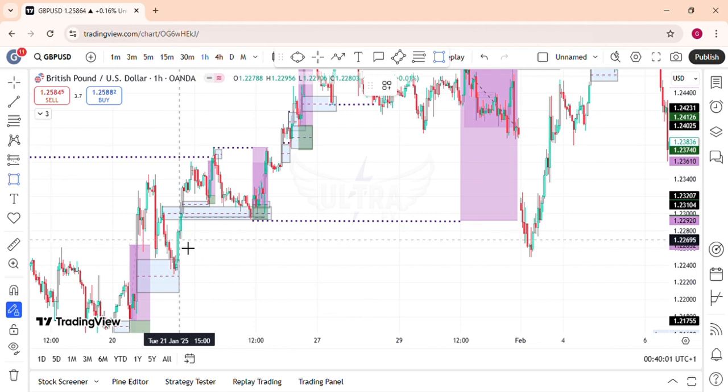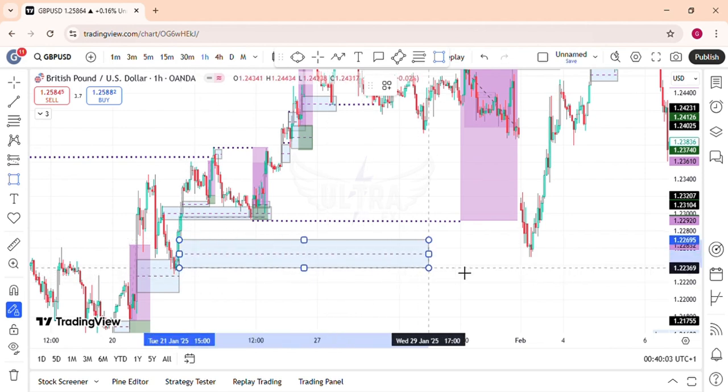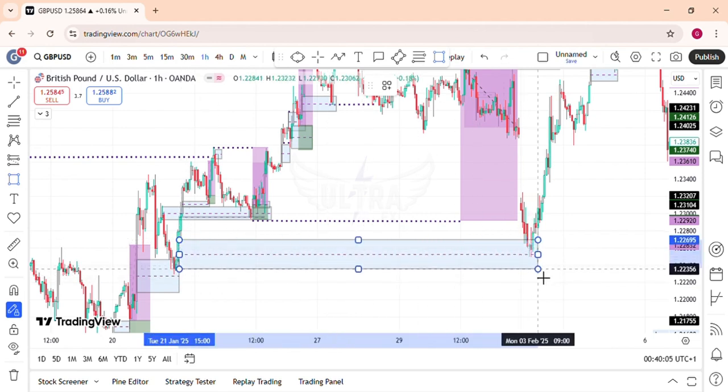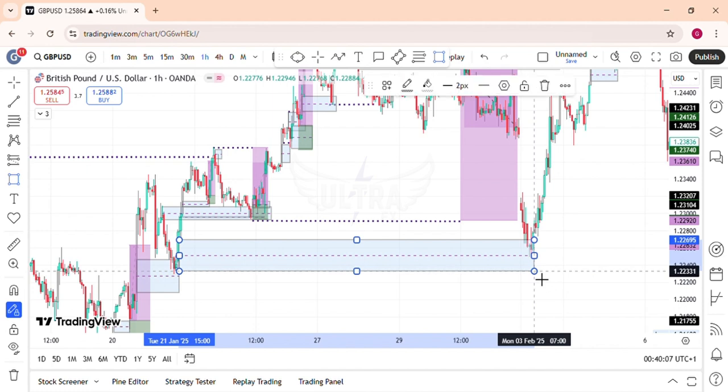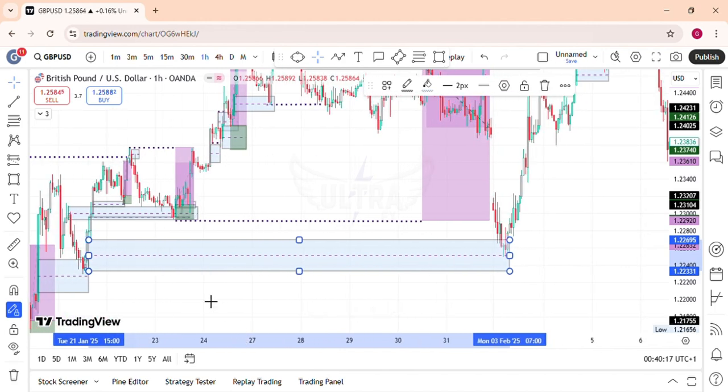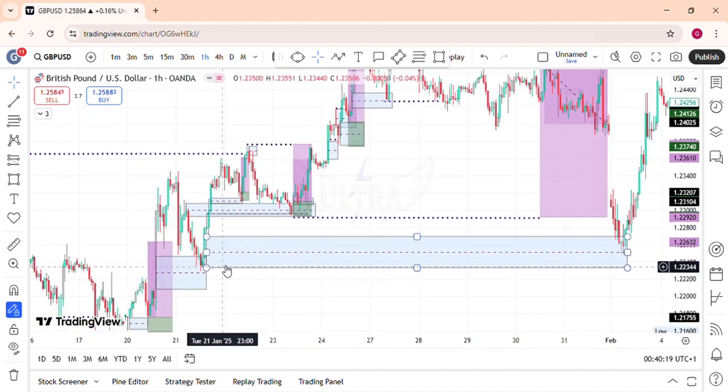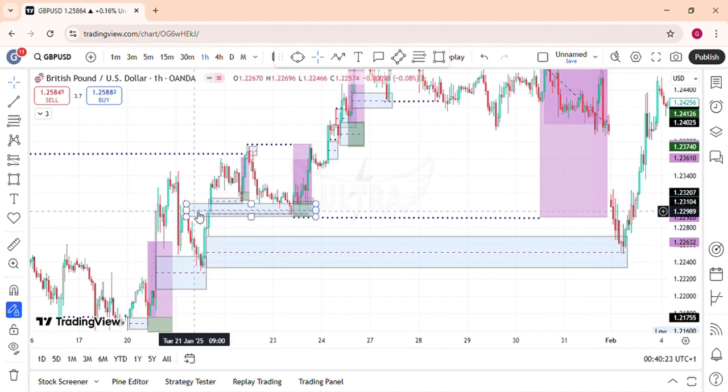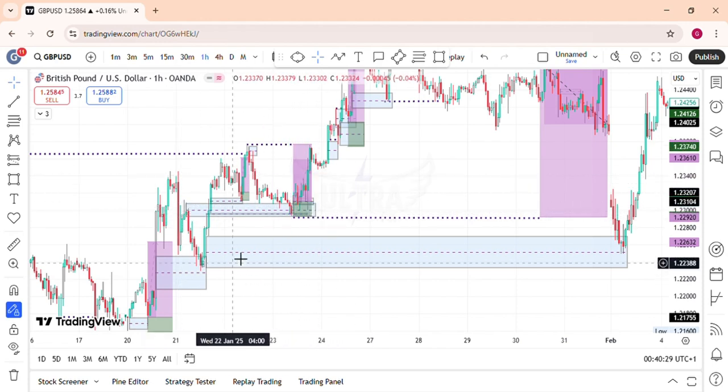So the next trade will be this. So this is the next trade, and we extend the fair value gap. Since we are on a 1 hour, this will be a powerful fair value gap also. Extend the fair value gap. This fair value gap doesn't have a breaker, but this one has been taken here.